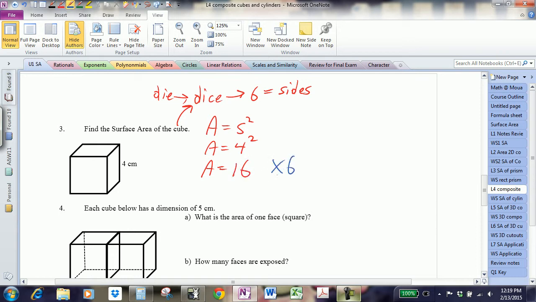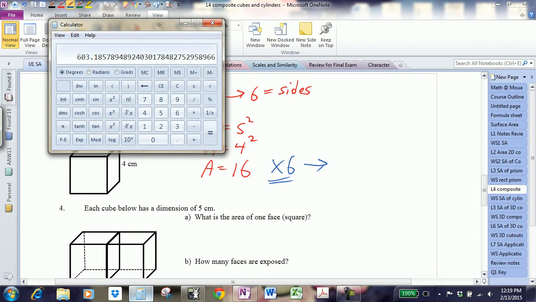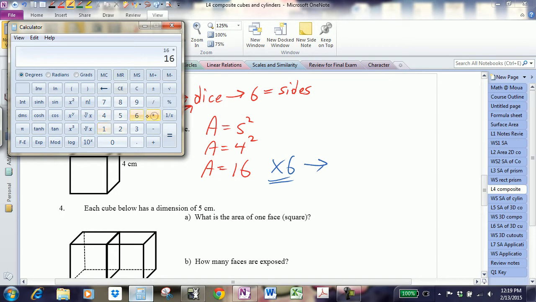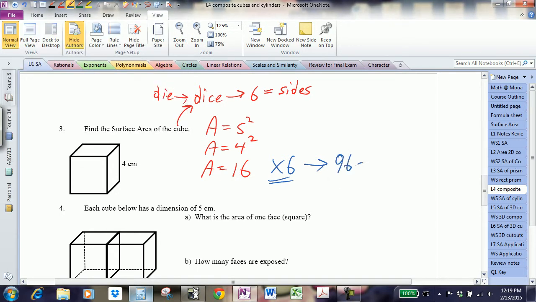And then we simply multiply by 6 to get our answer, 96 centimeters squared. So the trick is to figure out the area of one face.